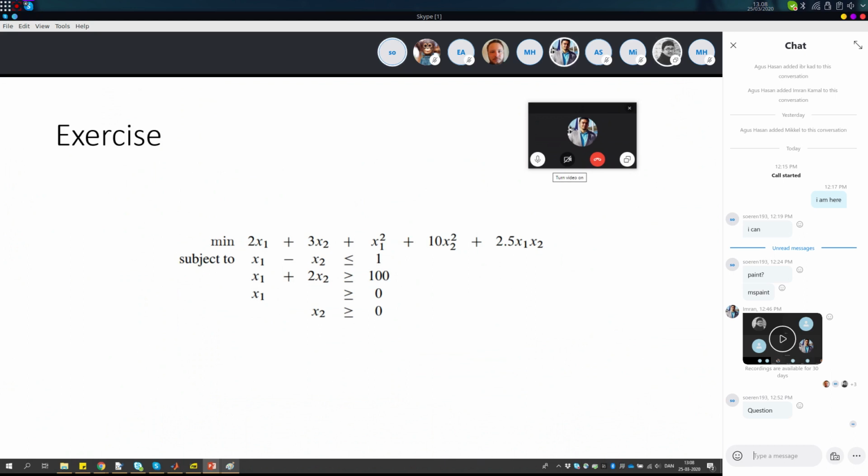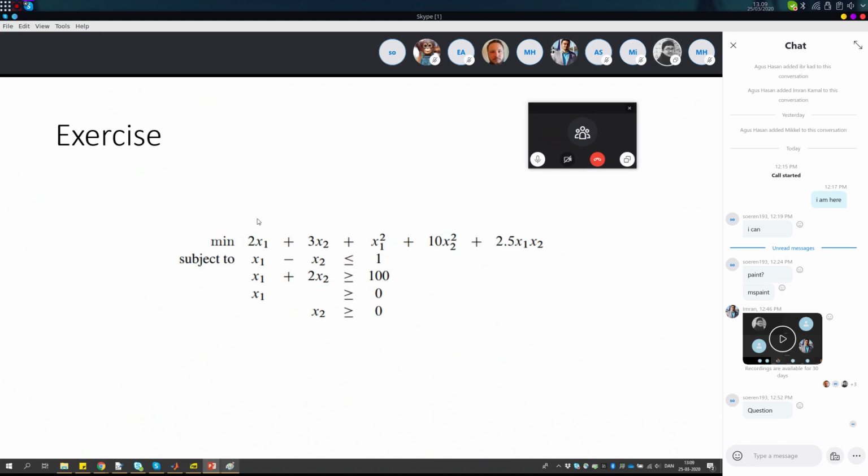So either you can include it or separate it with matrix A. Yeah, done. Okay, so you're done.